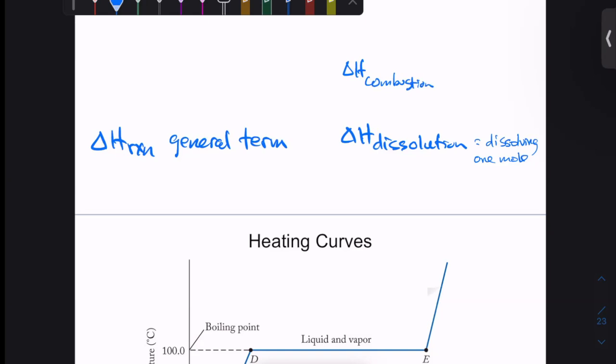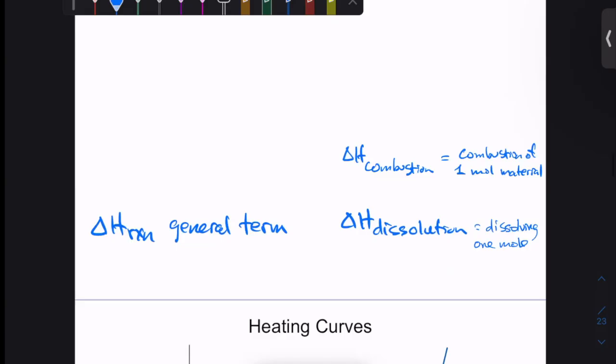That would be the energy related to combusting 1 mole of material. We can talk about the delta H of fusion, which is 1 mole of material being fused. And what does fused mean? In this case, it's going to be 1 mole of material that goes from the liquid state into the solid state.